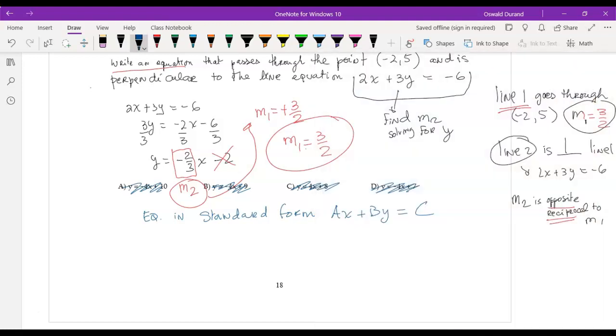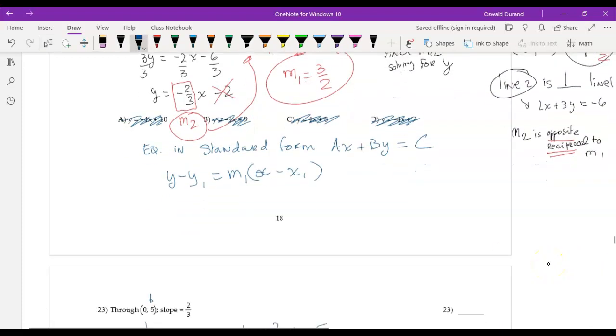Okay, so let's start with the point slope form. y minus y1 equal to m, in this case m1, times x minus x1. So the point that was given was what? Negative 2 and 5, right?